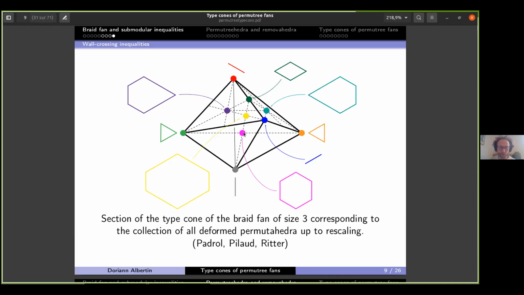And as soon as you push your point to touch a facet of the section, it means that you have pushed one hyperplane slightly too far and changed the combinatorics of the polytope. So this is the type cone.